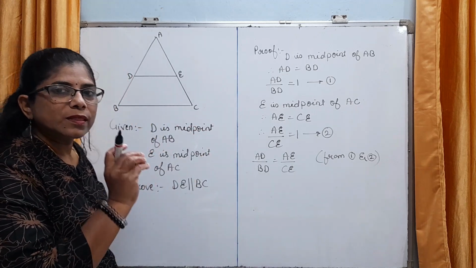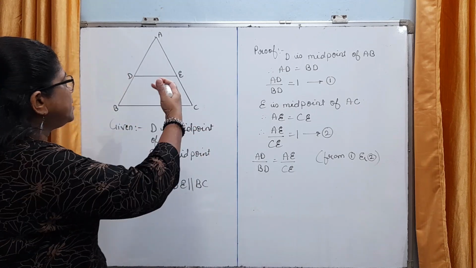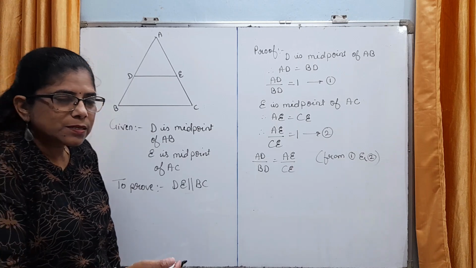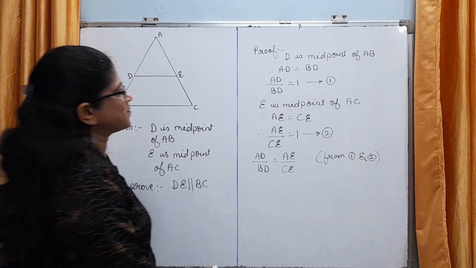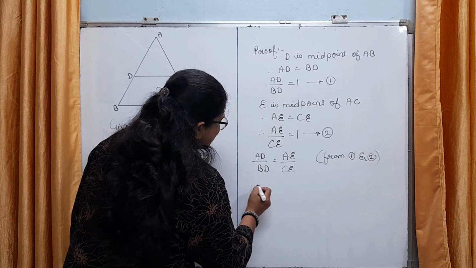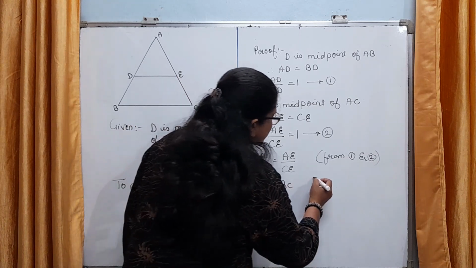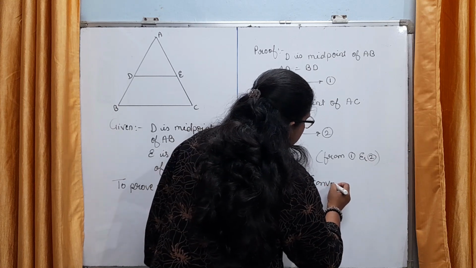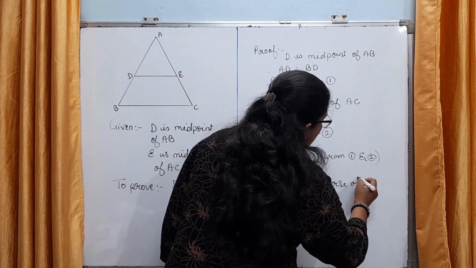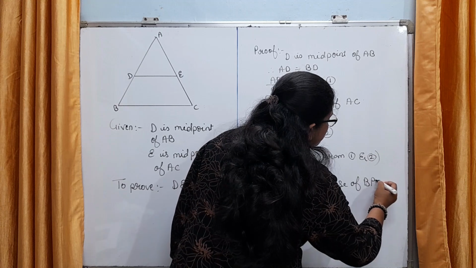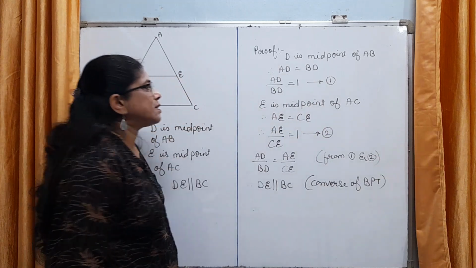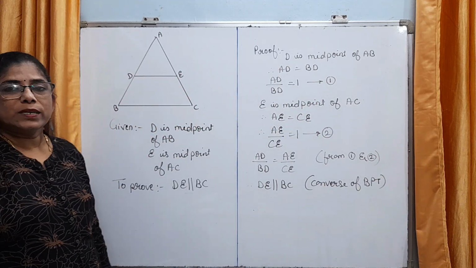So this is the reason why DE is parallel to BC. This is the converse of BPT. Therefore, DE is parallel to BC, by converse of BPT. That's it. Even this sum was quite simple.